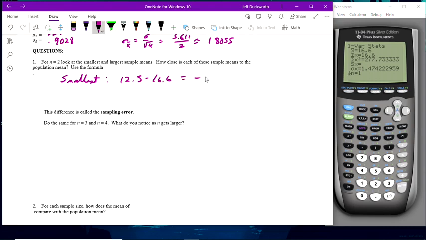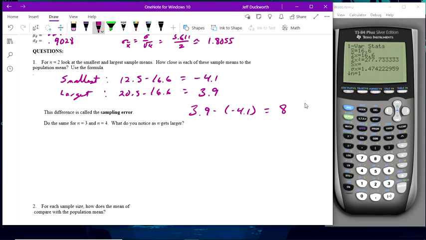That equals negative 4.1, not positive 4.1. Largest gives us 20.5 minus 16.6, which is 3.9. So the difference between these two values is a sampling error, excuse me, and it appears to be 8. If we take 3.9 and subtract negative 4.1, so 3.9 minus negative 4.1 equals 8. That's our sampling error for our first one.